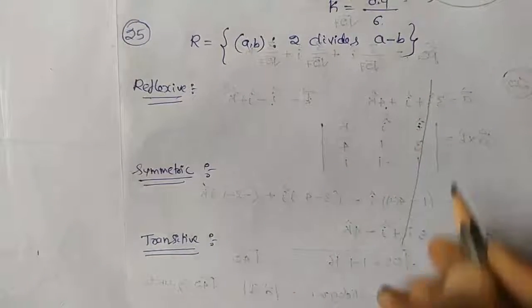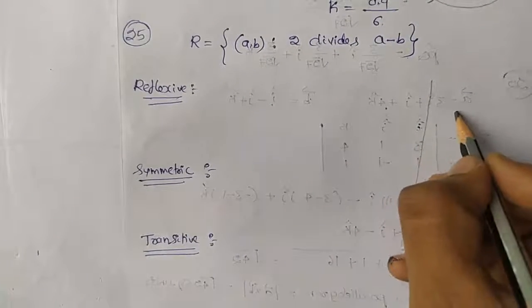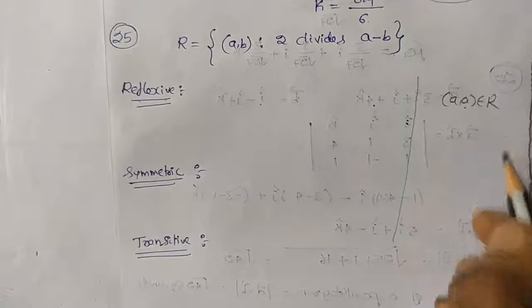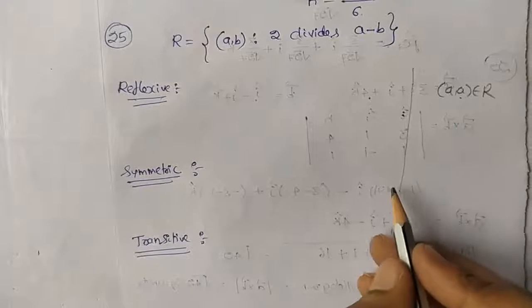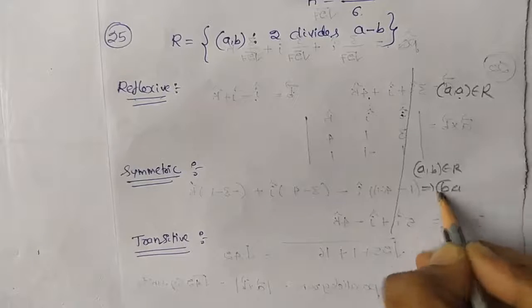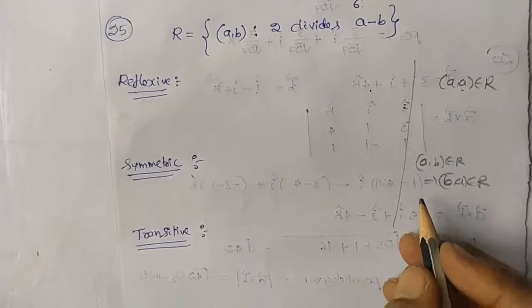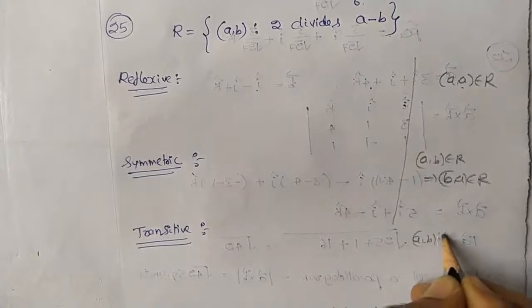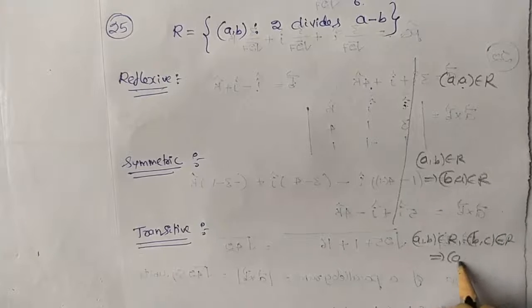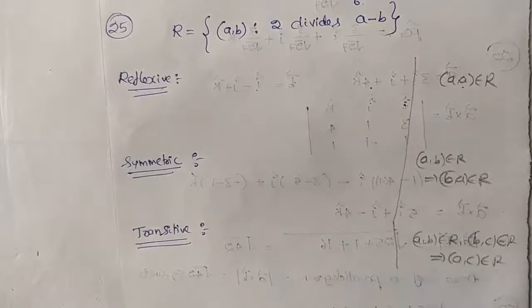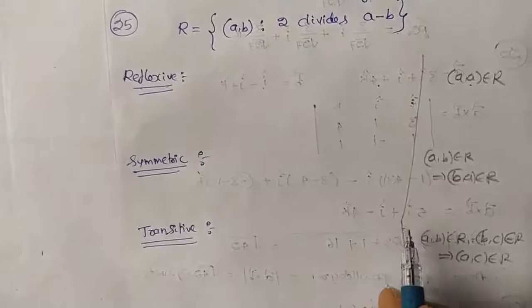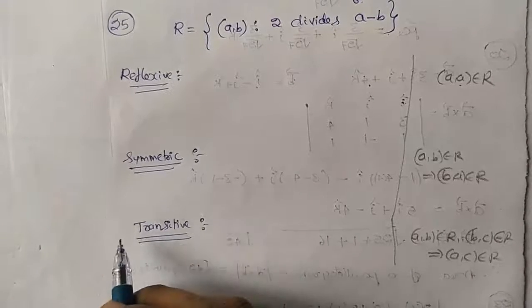Reflexive: (a, a) belongs to R for all a in the given set. Symmetric: if (a, b) belongs to R, then (b, a) belongs to R. Transitive: if (a, b) belongs to R and (b, c) belongs to R, then (a, c) belongs to R. Now, using the definitions, we need to prove reflexive, symmetric and transitive.